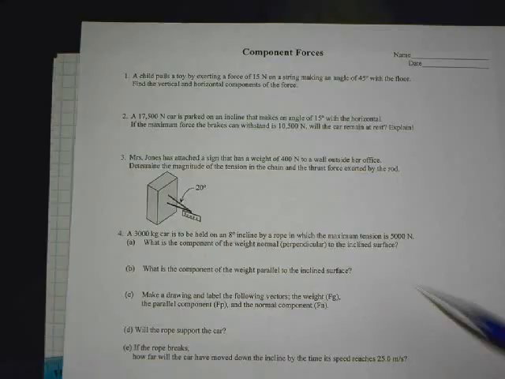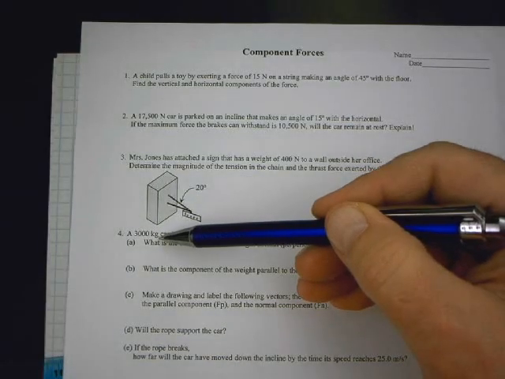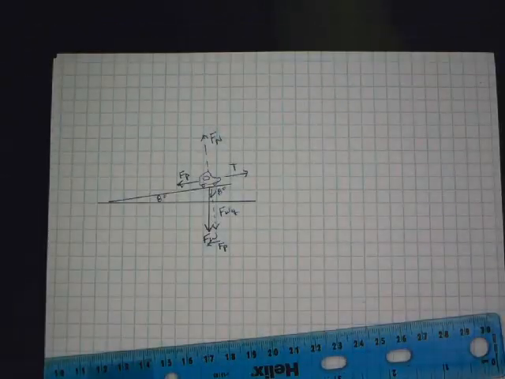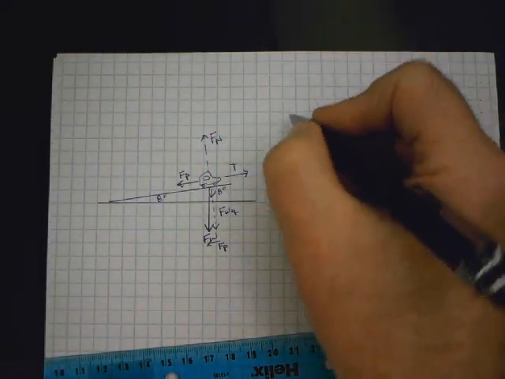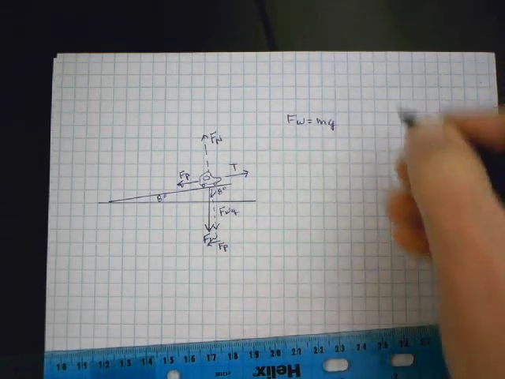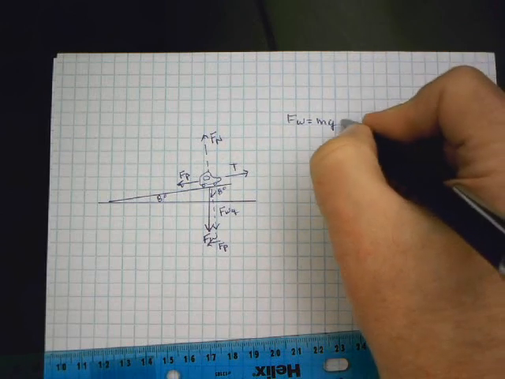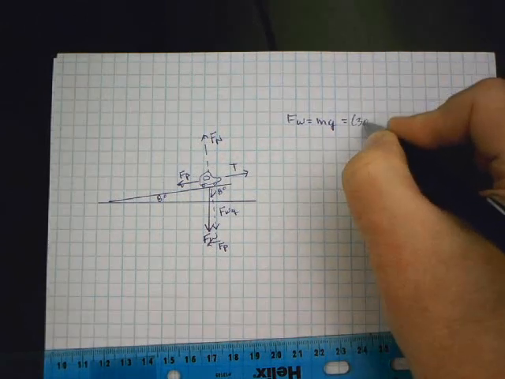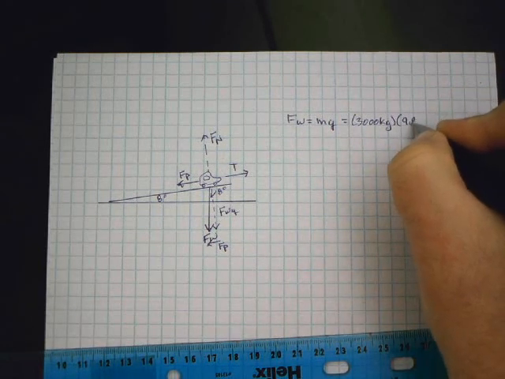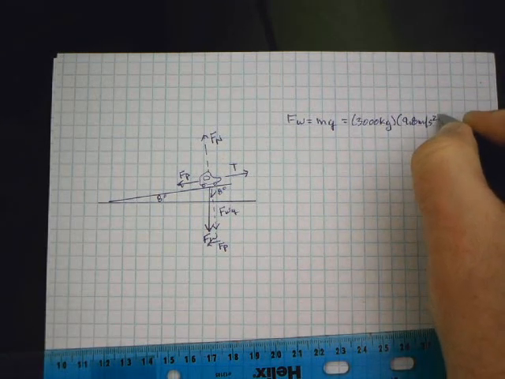All right, so now, unlike problem 2, where they gave us the weight of the car because it's in newtons, note that in problem 4, we have the mass of the car because it's in kilograms. And so FW, which is mg, will be the 3,000 kilograms times the 9.8 meters per second squared.